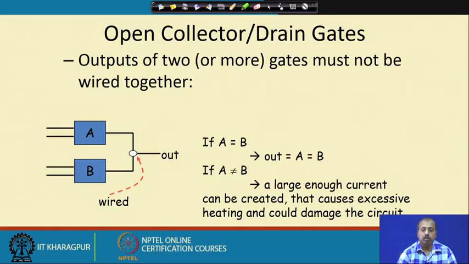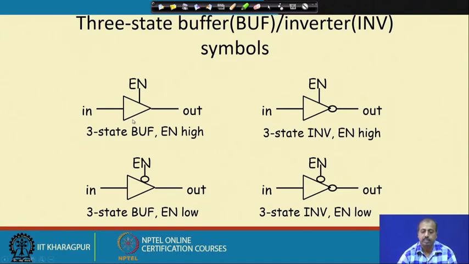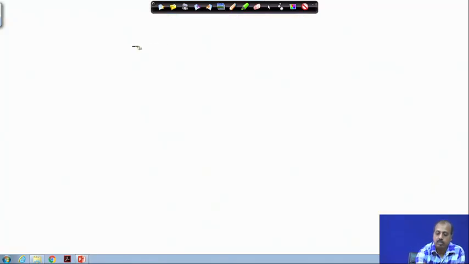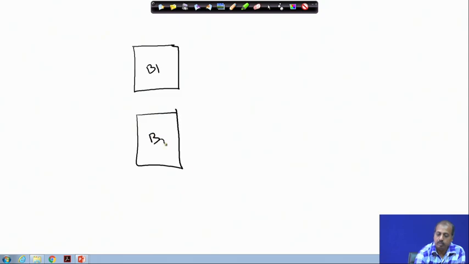Next, let us see why this is necessary. Many times we have different logic blocks giving me some sources. This is block 1, this is block 2. They are all logic blocks computing some logic operation, and then we need to give the output of both blocks to block B3.